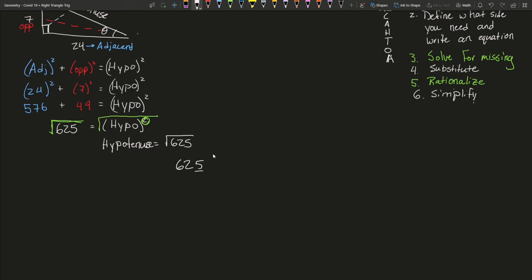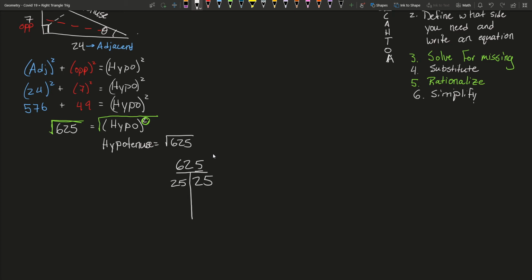Now I know because this ends in 25, 25 is a factor of 625. So I'm going to start there because I know that 25 is a perfect square, and that'd be something that we can really easily use right off the bat. So if we divide 625 by 25, we get 25 again.